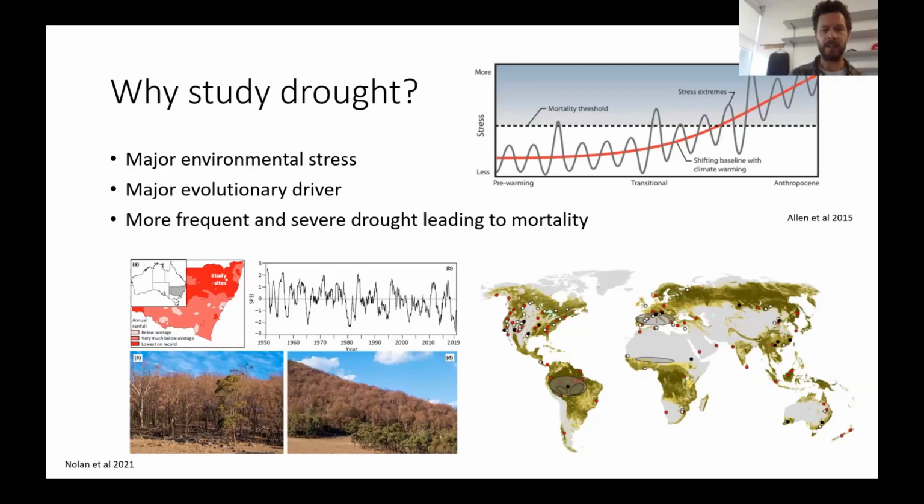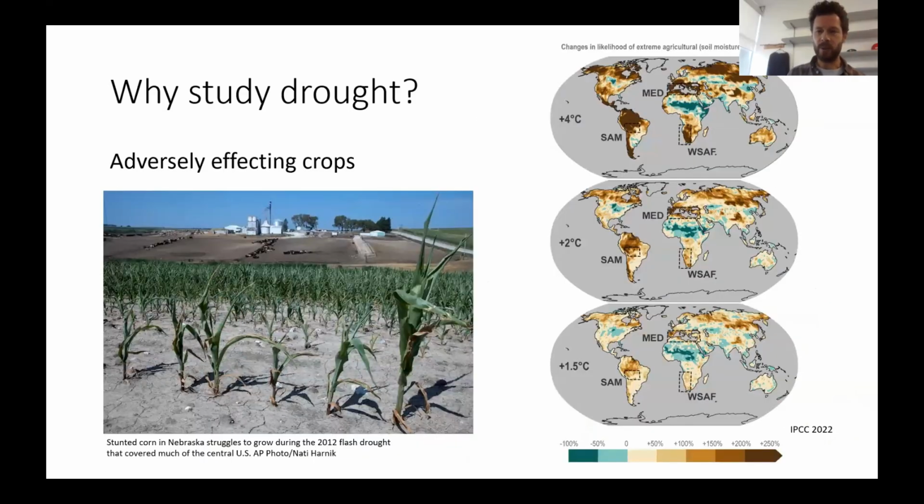And you end up getting more incidences of drought mortality, like you see globally on that caption on the right, but also like we saw in New South Wales in 2019. Of course, drought also affects crop production, and I don't have to tell you guys that.